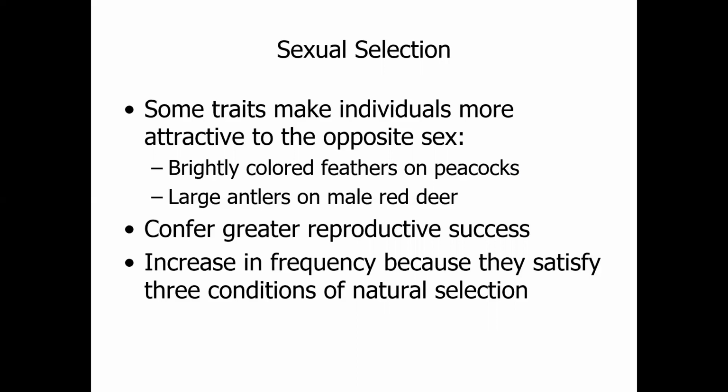And for example, large antlers on male red deer are a big trait of sexual selection for male deer showing off to female deer. Basically, the idea behind sexual selection is that there's some sort of ornamentation or display that an individual can do to a member of the opposite sex and basically show them that they have the ability to have greater reproductive success.